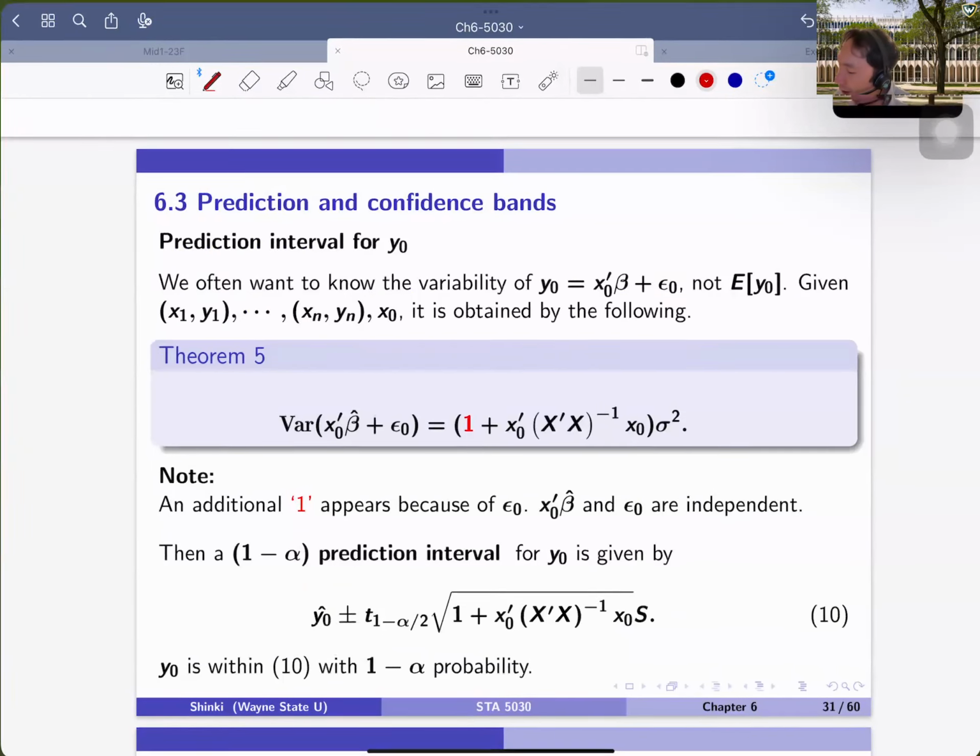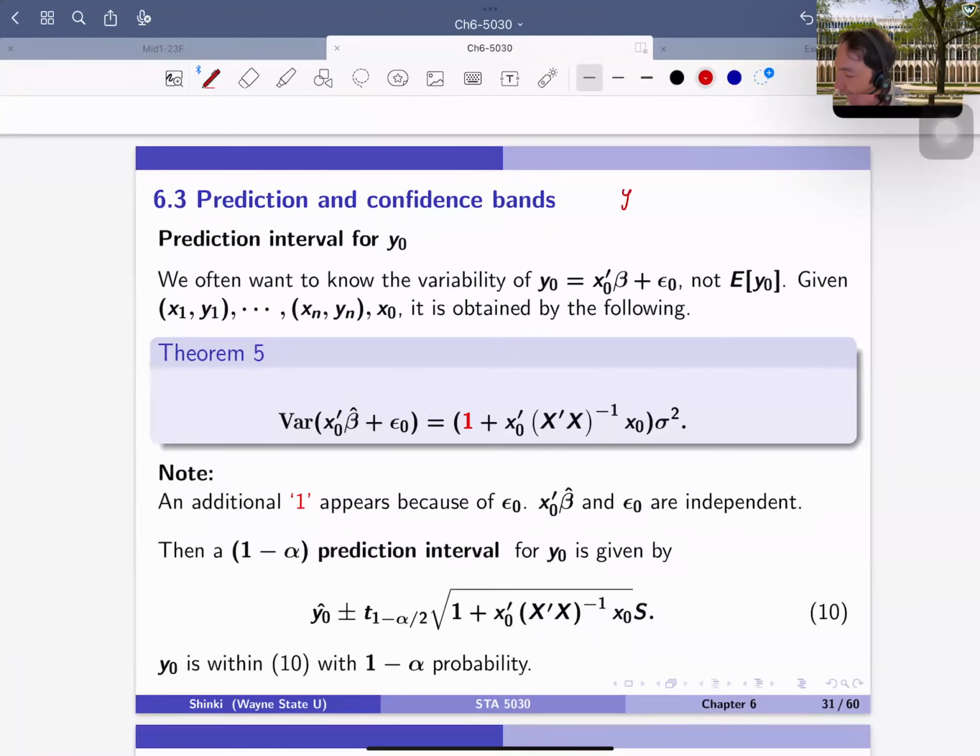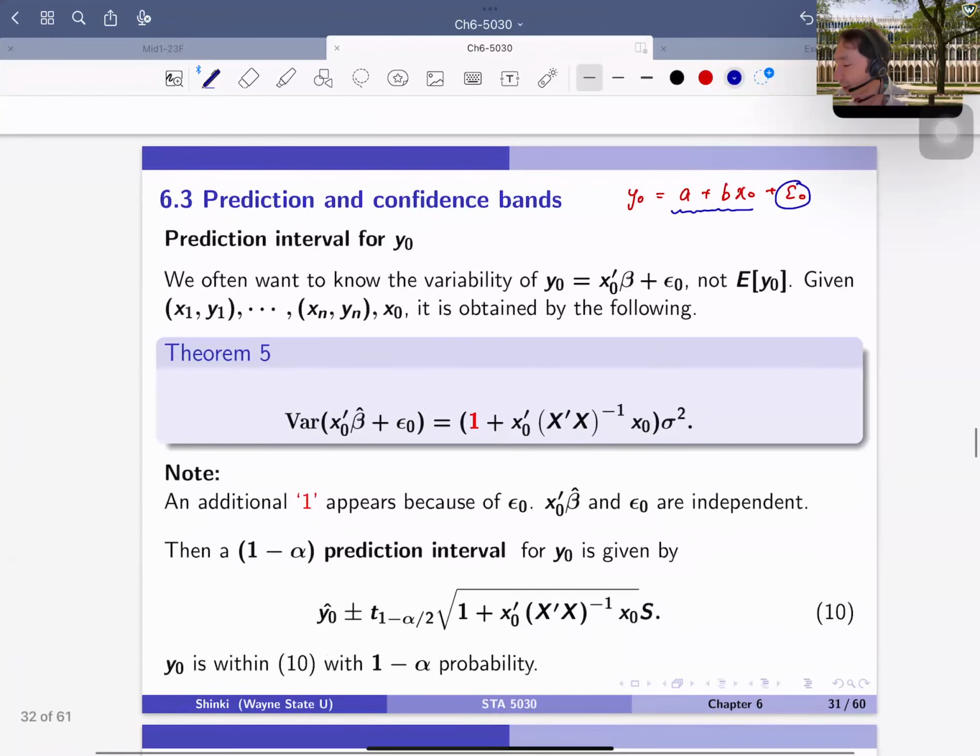But even if we correctly identify y naught as a plus b times x naught plus epsilon naught, we still have the variability of epsilon naught. So this is a kind of intrinsic error. Even if we estimate the model and we know the true model, y naught still has the intrinsic error of epsilon naught.